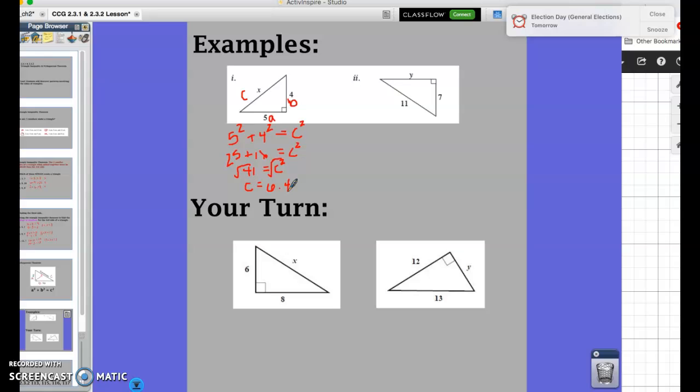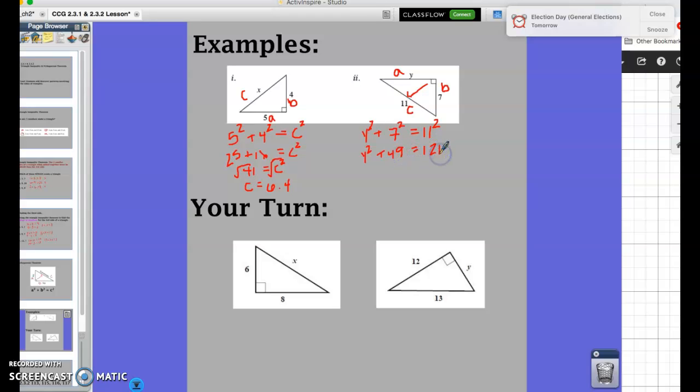Okay, so that's your first way. Second way, notice how now our variable is on a leg. Still A and B, hypotenuse is always C. So A squared plus B squared equals C squared. Right, so we get Y squared plus 49 equals 121.